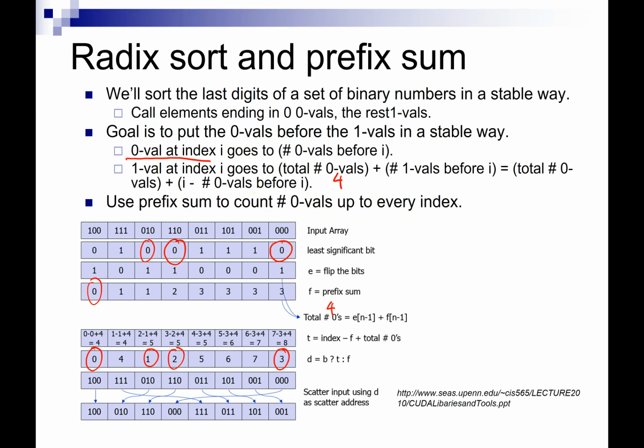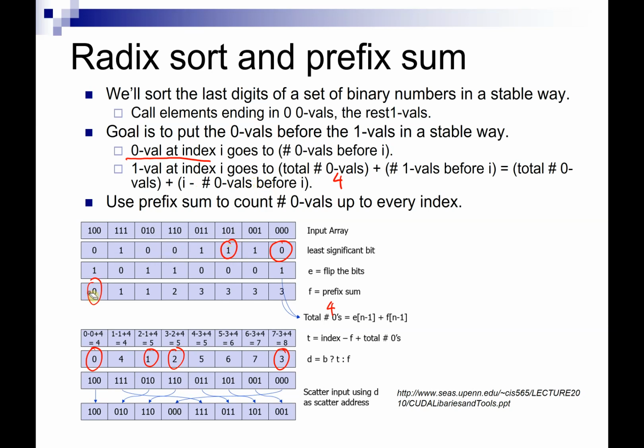So we have this formula for the position that a 1 value should go to: it's equal to the total number of 0 values plus I minus the number of 0 values before position I.